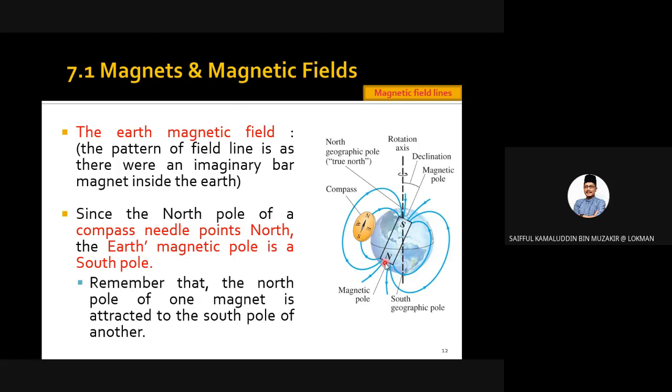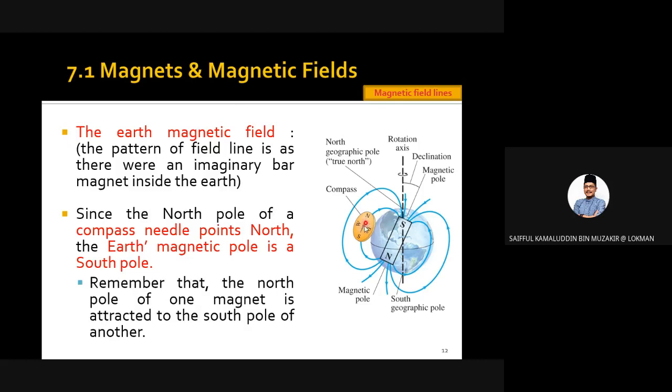It is reversed. For the magnetic poles, it is reversed. The one near the north geographic pole is actually the south magnetic pole. The one near the south geographic pole is actually the north magnetic pole. So our compass is suspended.